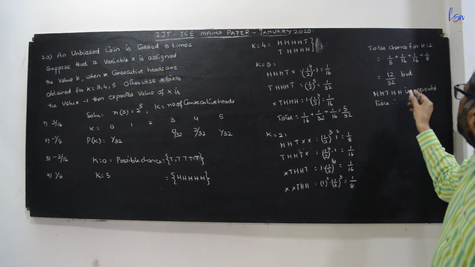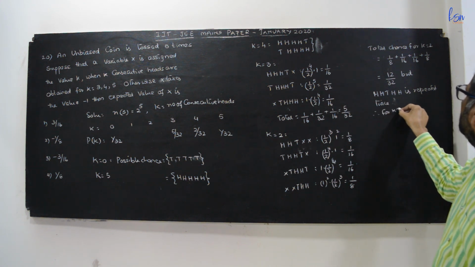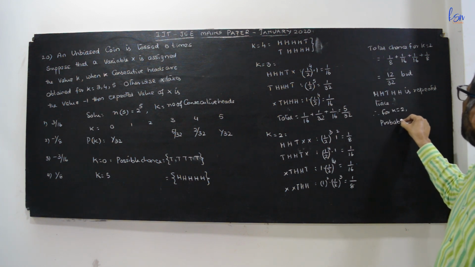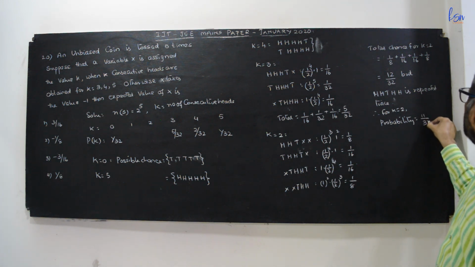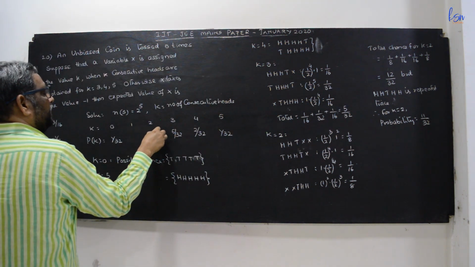Therefore, for k equal to 2, probability is equal to 11 by 32.